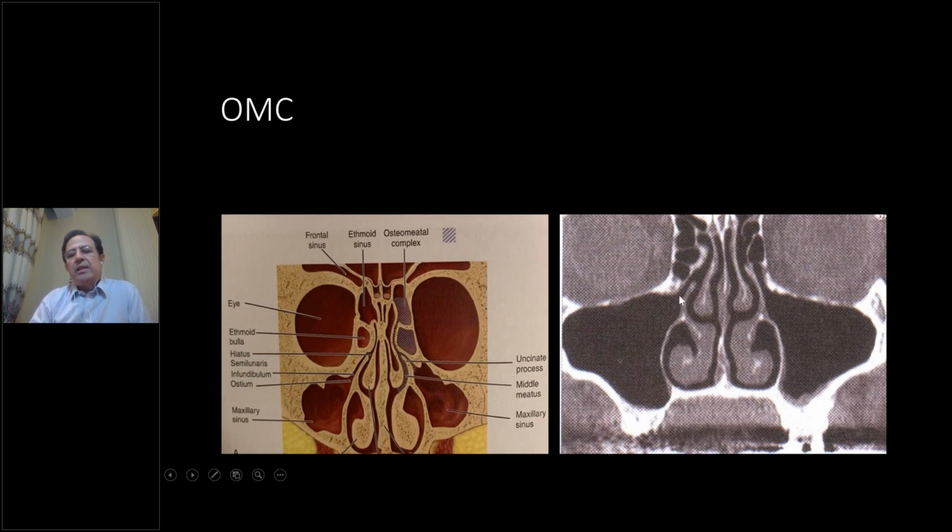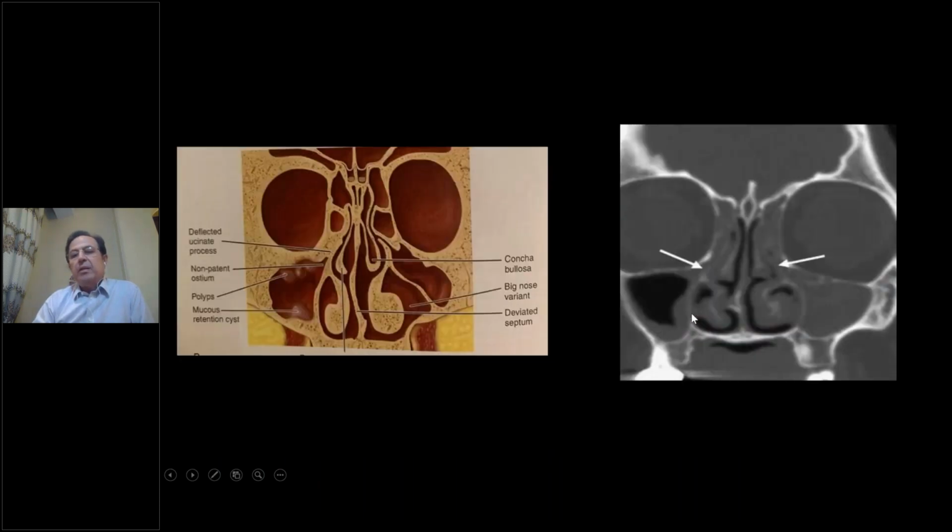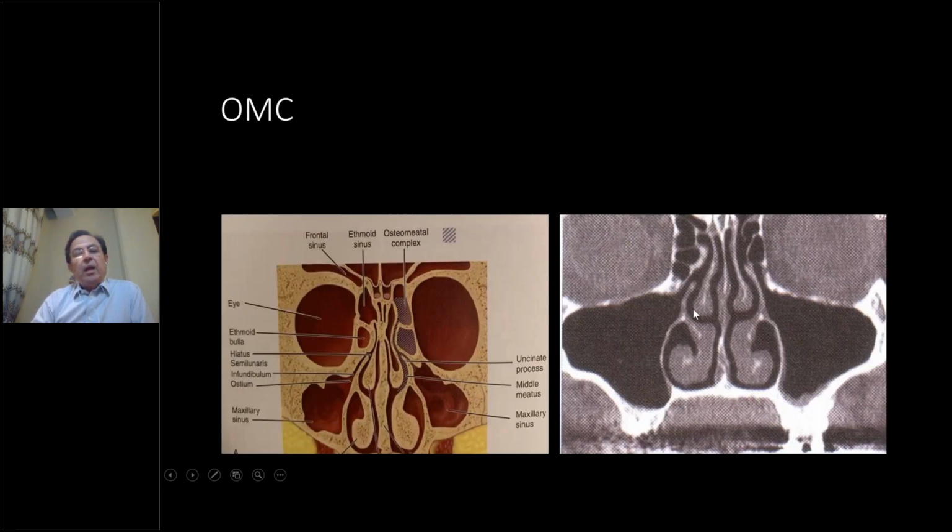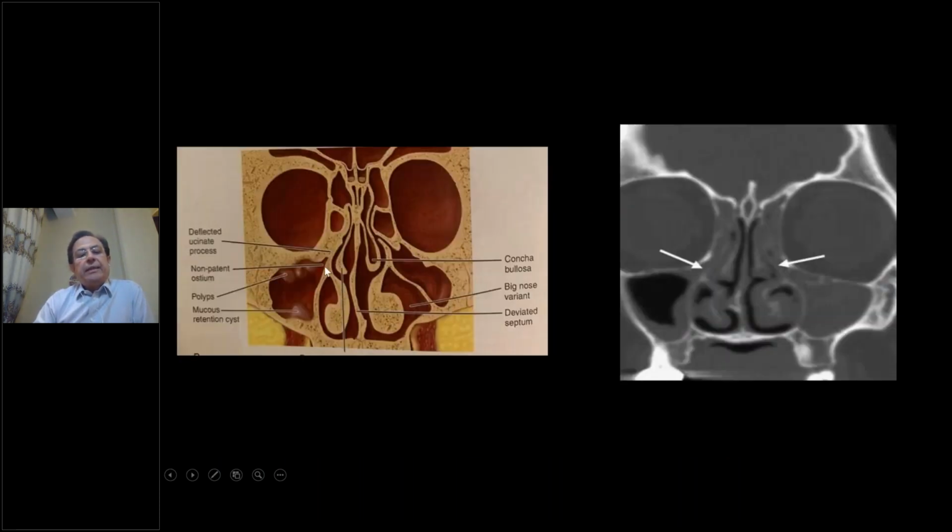In the CT scan, you see the ostium very well, the infundibulum, its direction, and after that the middle meatus. You can see in the next picture that if the ostium is, for any reason, occluded or obstructed, for example by a deflected uncinate process, a deviated septum, or polyps in the sinus, the pathway of passage of the secretion will be occluded.